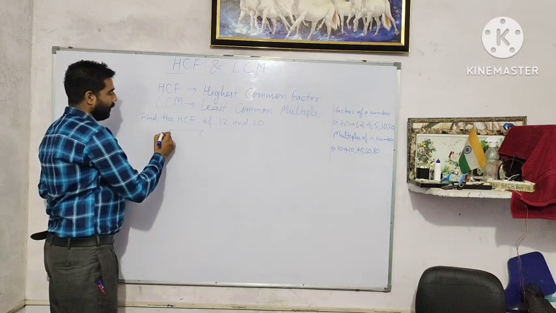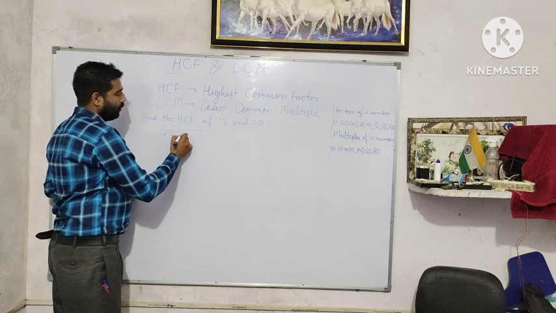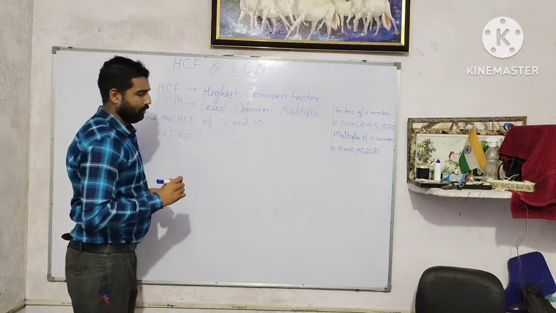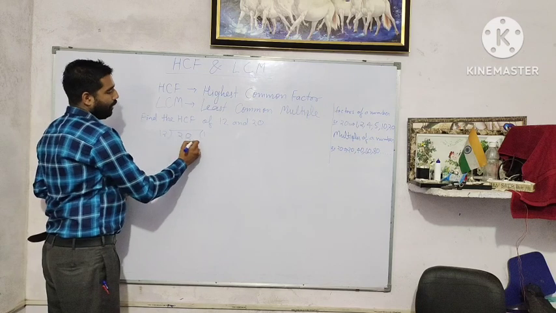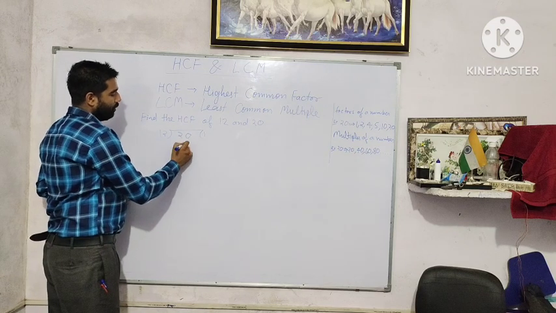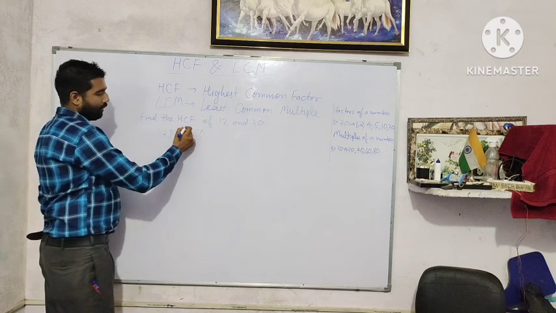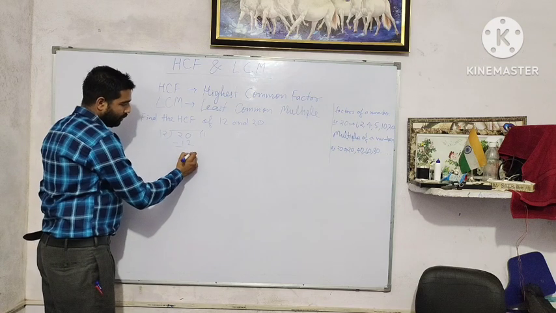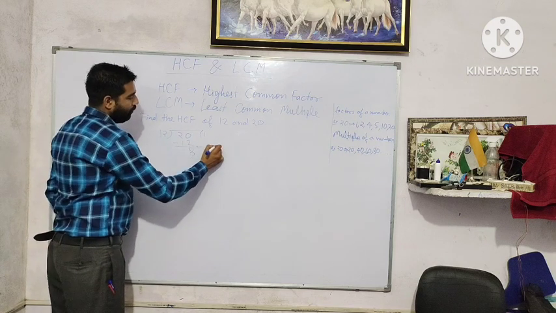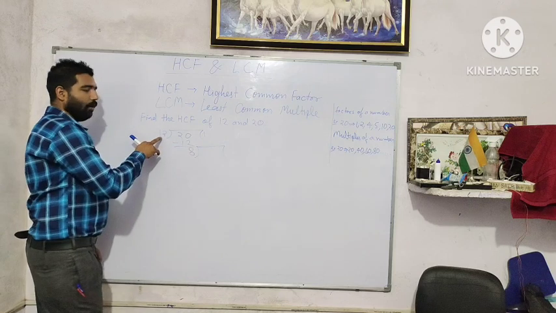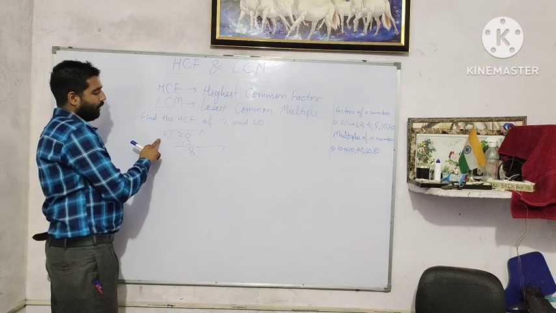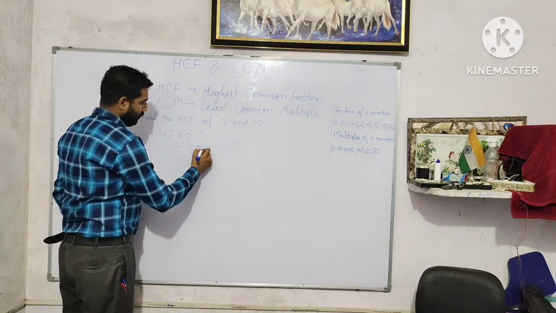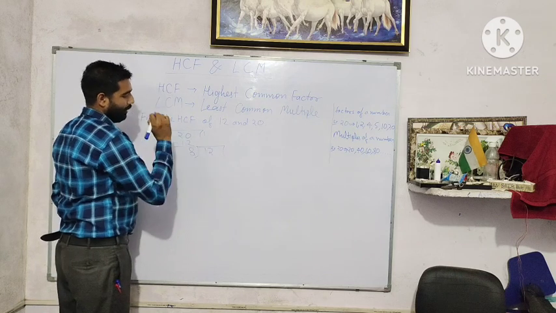This method is similar to division sums, which you might have learned in previous classes. Now 12 ones are 12, so we can subtract here. This is 8. Now the divisor of the previous question will be the dividend of the next question, so we can write this 12 here.